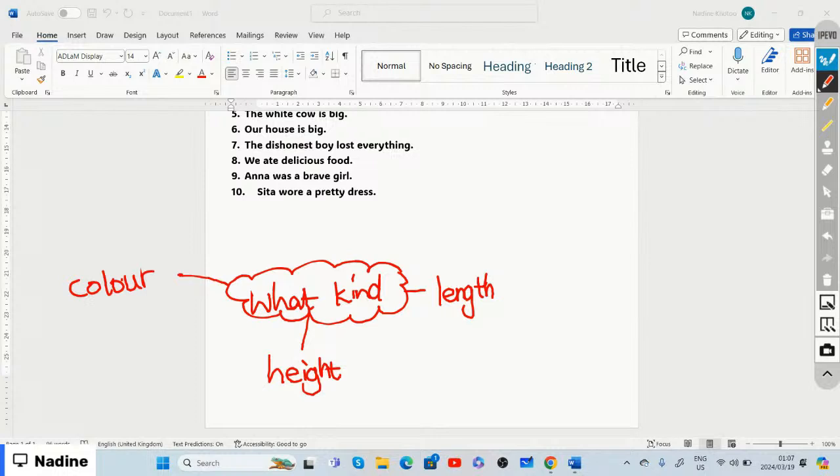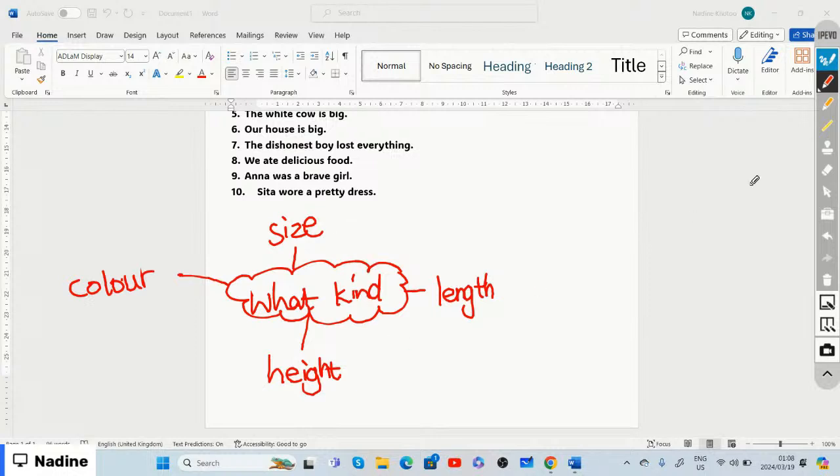Size, even: we can describe something in size, for example, if it's big or small. That is basically adjectives that tell us what kind. So like I said, adjectives that tell us what kind can describe something in size, color, length, or even height.